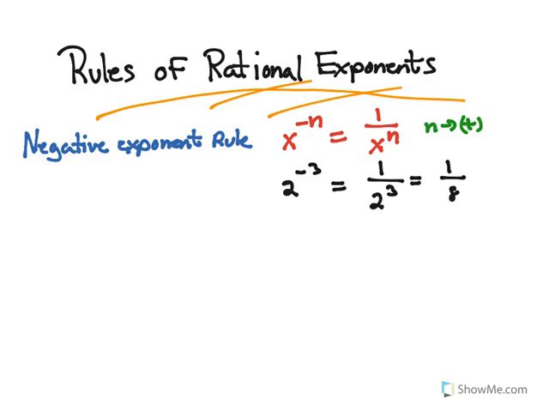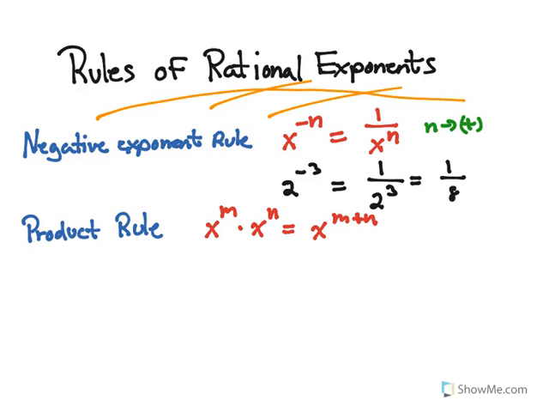The next rule is called the product rule. And that simply states that when you're multiplying two bases with exponents, the equivalency is you're just going to add the exponents. Again, the x represents the base.